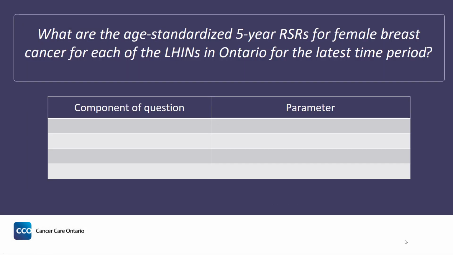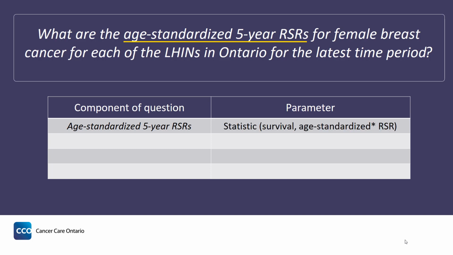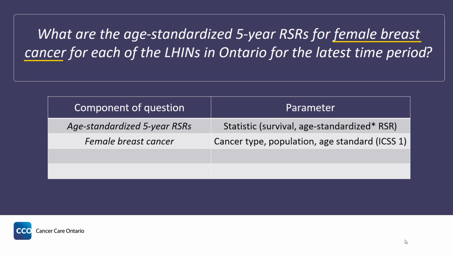Getting back to example 2, we will again take a closer look at the question to extract all of the parameters for the analysis. Age-standardized 5-year RSRs indicates the type of cancer statistic we're interested in, which this time will be age-adjusted. Female breast cancer indicates our cancer type of interest, our population, as well as the ICSS standard we will need to use for age adjustment, which will be ICSS 1.